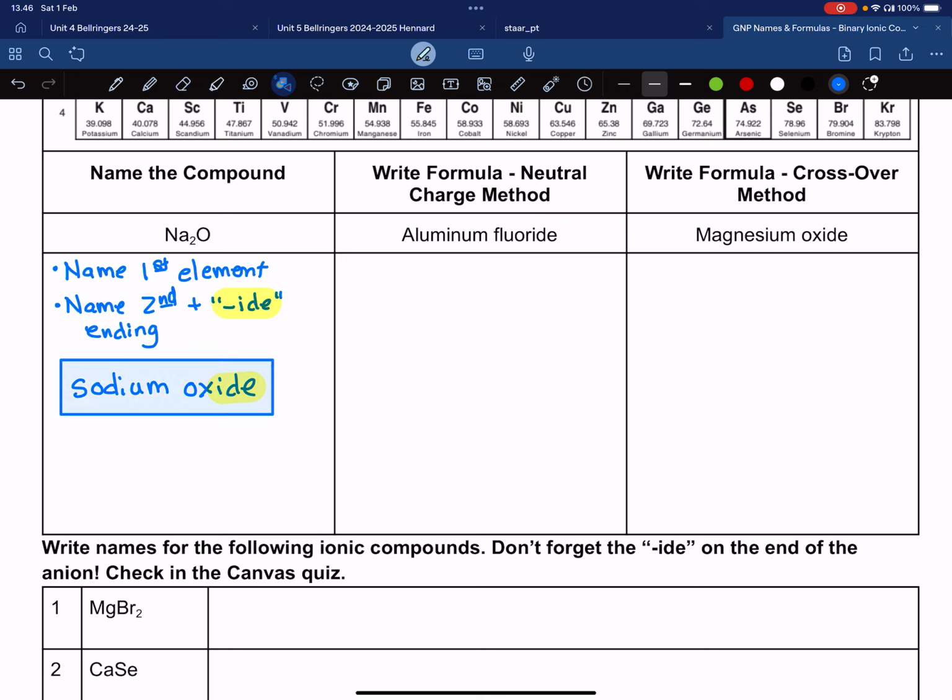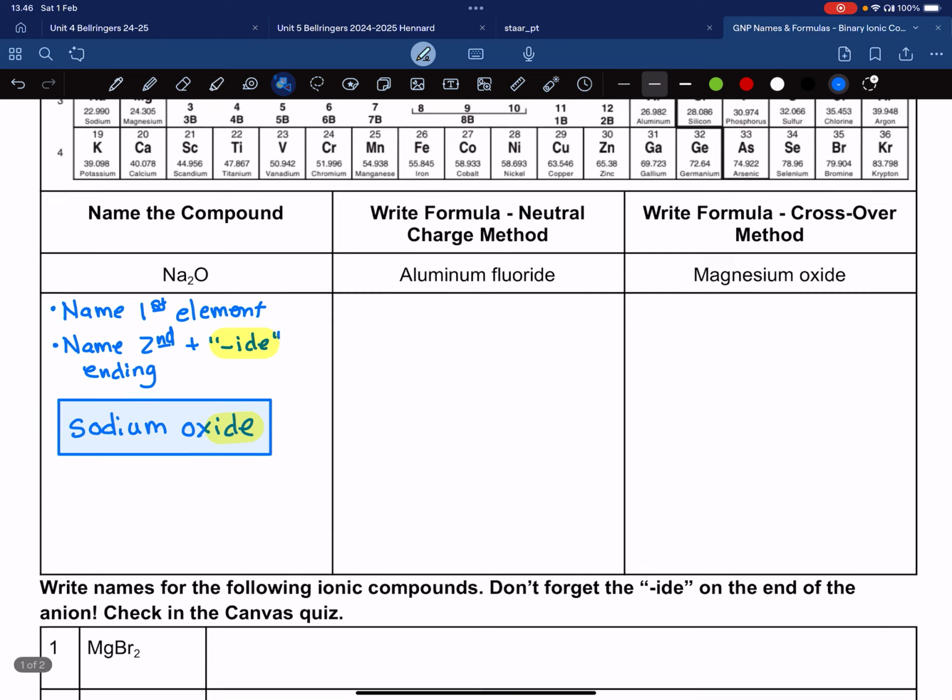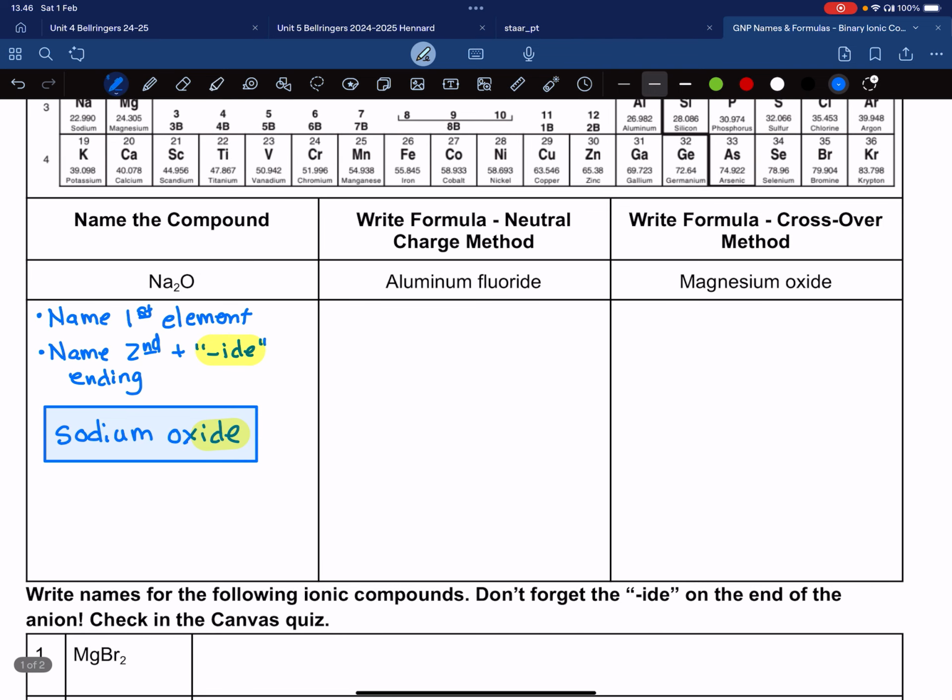All right. The neutral charge method for writing ionic compounds. The key here is that all ionic formulas' charges add to 0.